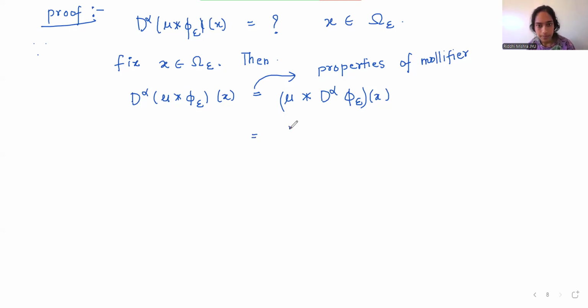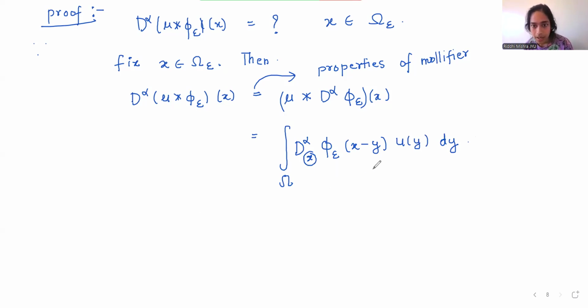And now this is over omega. I will specify the x because I am integrating with respect to y. So phi epsilon (x minus y) u(y) dy. Here the integration is with respect to y, so I want to give the weak derivative with respect to y so that I can use integration by parts.